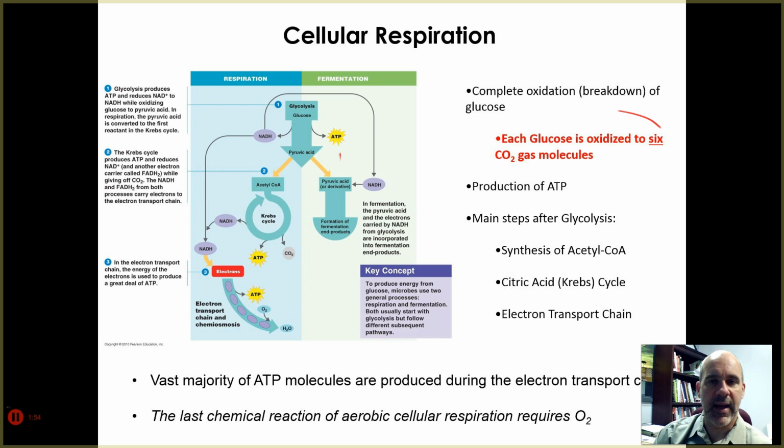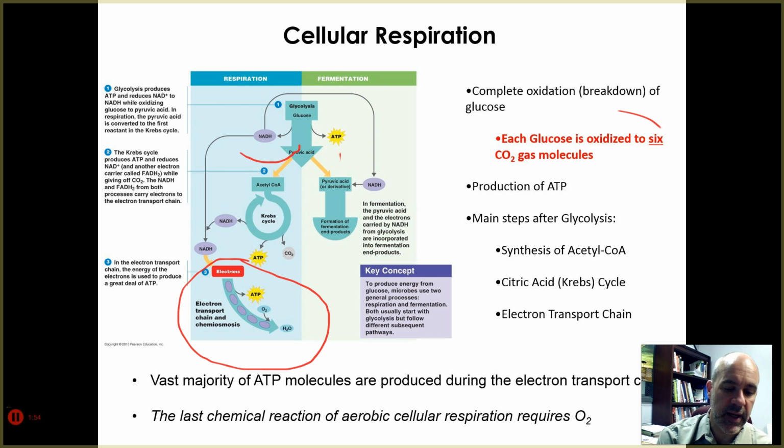And we've already said that cells that do cellular respiration are going to make lots of ATP from breaking down glucose. So the majority of that ATP gets made during the electron transport chain. We'll talk a little bit more about what's going on there. The electron transport chain is going to involve electron carriers, like these NADHs that you see here.